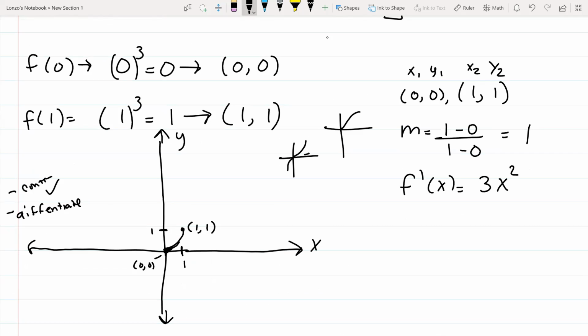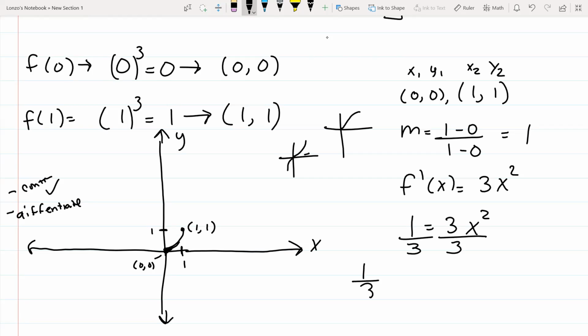And then what are we going to do next? We're going to replace m with f prime of x because that is our tangent. 1 equals 3x squared. Then we're going to solve for x. So I'm going to divide this by 3, divide this by 3.